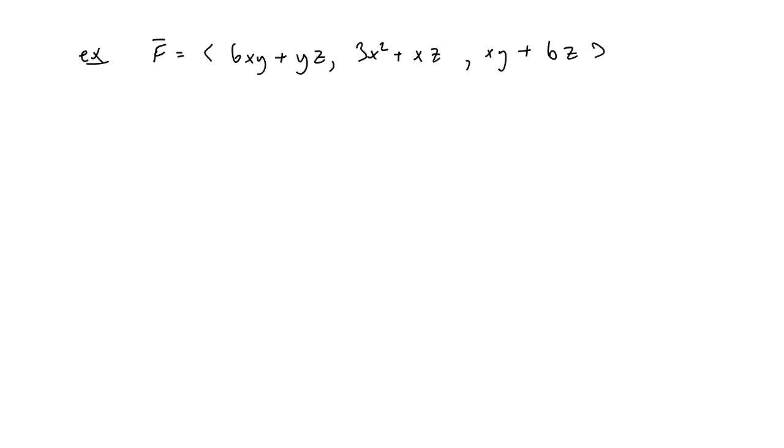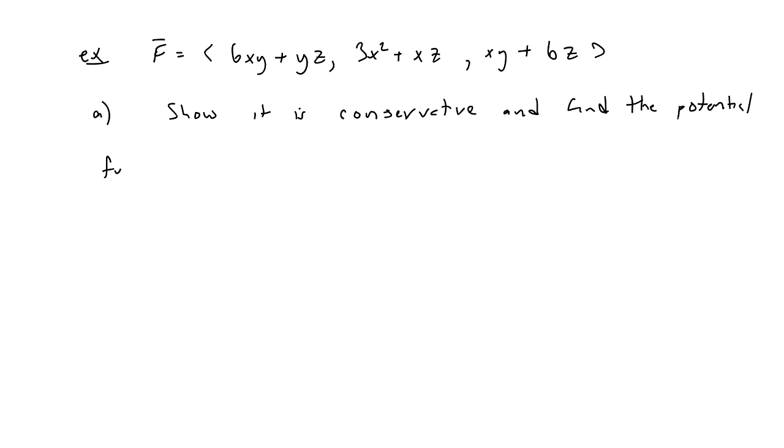And so we haven't made a mistake, let's show it's conservative, and then we'll find the potential function, which remember is similar to the antiderivative.